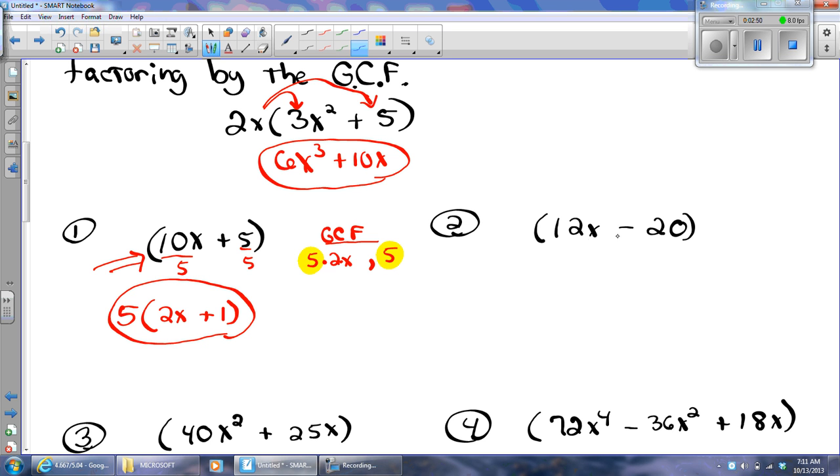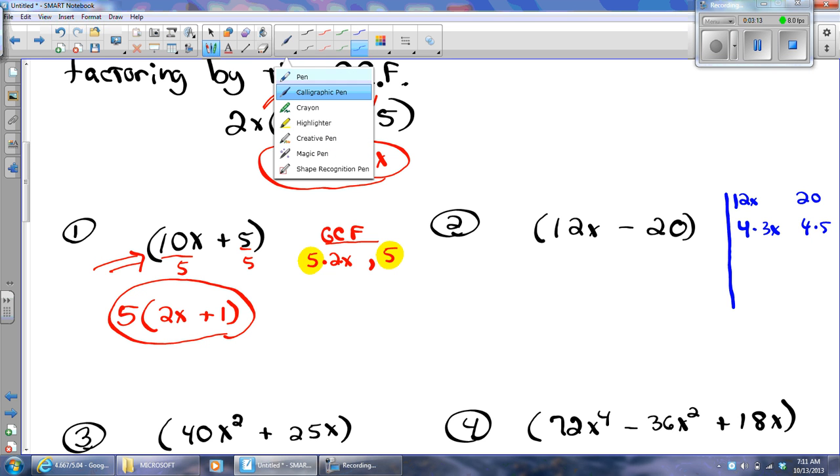All right, now see, the better you know your multiplication facts, the easier the stuff's going to be. And that's why I offered you quarterly challenges. Okay, I've got 12x and I've got 20. What is the greatest common factor? Well, I could say that 4 goes into both of them: 4 times 3x and 4 times 5. My GCF must be the 4.